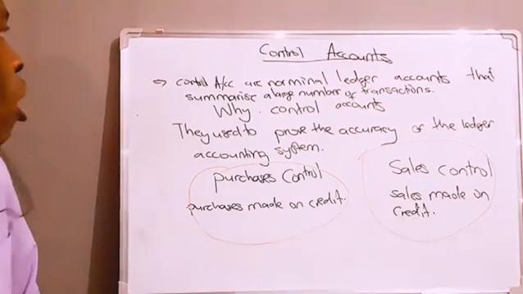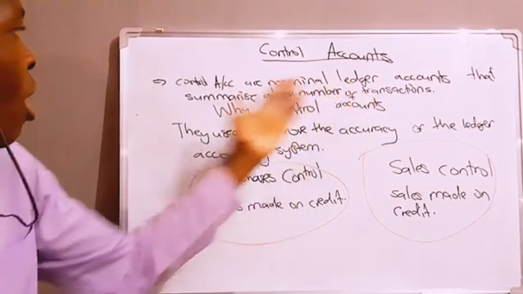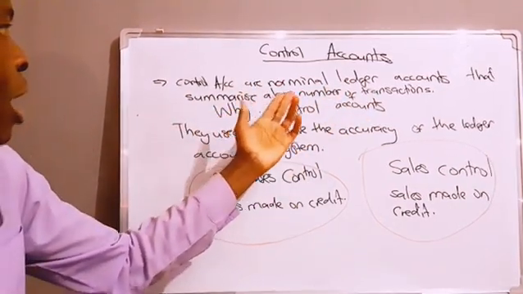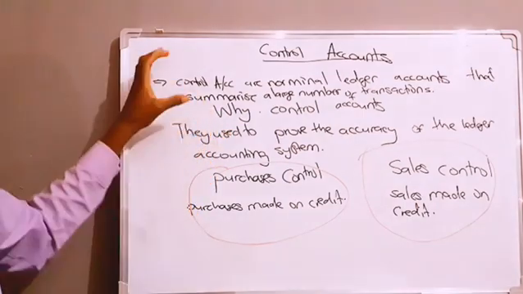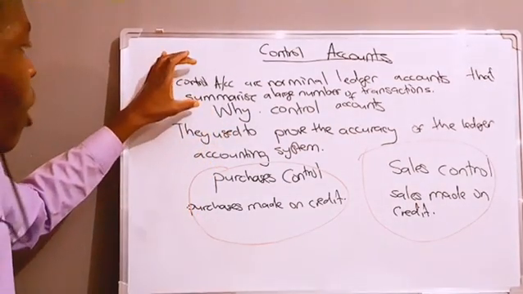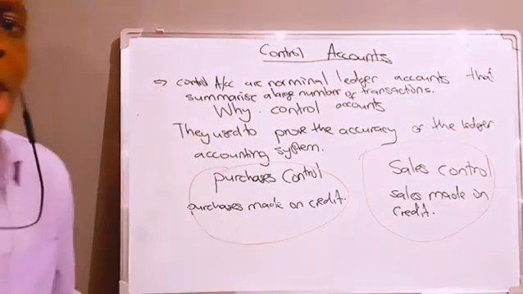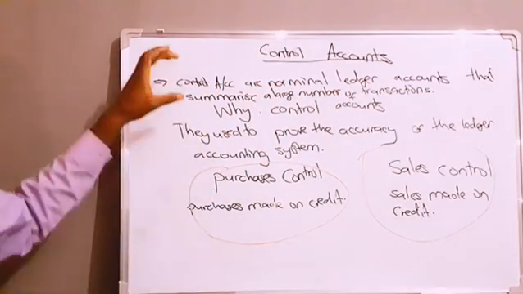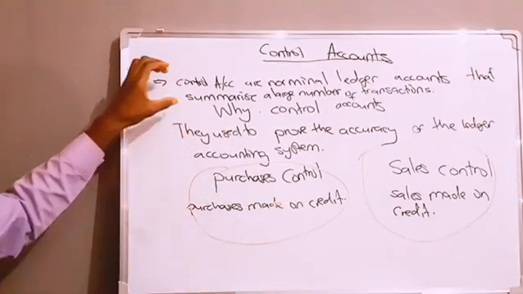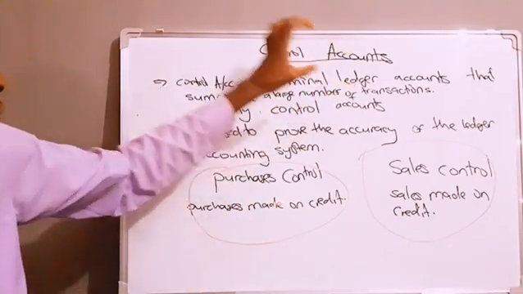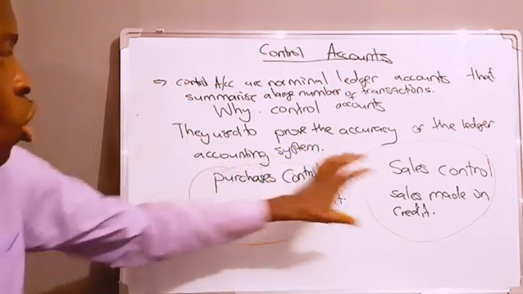Okay, so control account, there is a definition. Control accounts are nominal ledger accounts that summarize a large number of transactions. This figure is taken from the sales daybook. Remember, the sales daybook records the sales made on credit. So it is taken as a whole amount, and then placed in either the purchases control or the sales control.